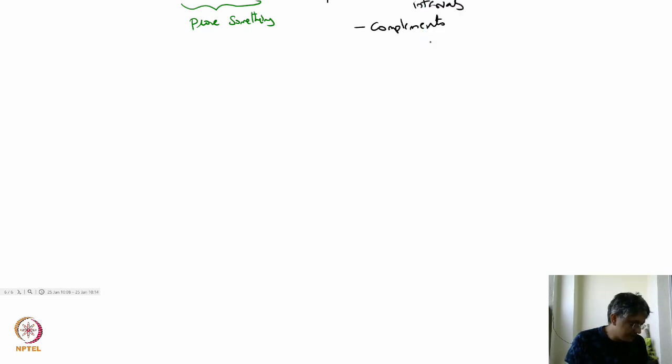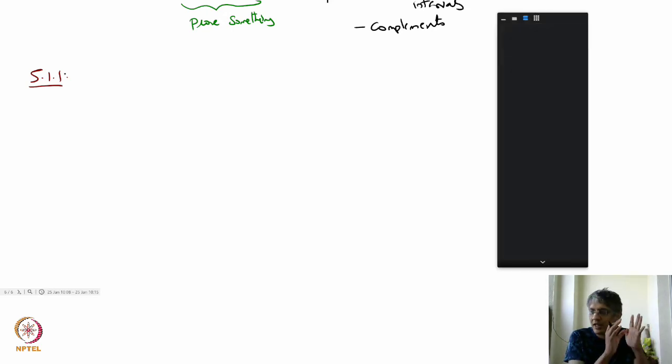So now let me do 5.1.1. To understand how to do the experiment of choosing a number uniformly in 0, 1, I've told you this is what I mean by event space.